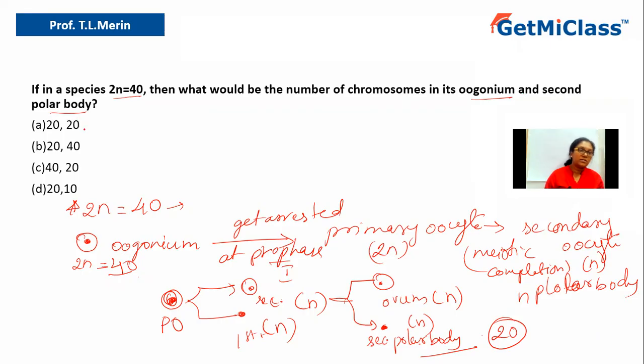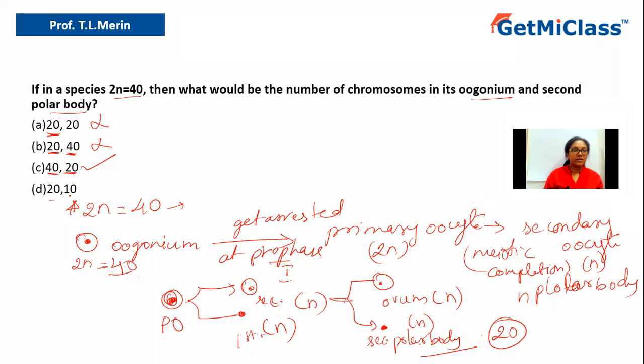Now let us look at the options. Option A is 20, 20, which is ruled out because the oogonial cells should be 40. Option B is 20, 40, which is ruled out because the oogonial cells should be 40 and the polar body should be 20. Option C is 40, 20. That is the correct answer because oogonium is 40 and the second polar body has 20 chromosomes.